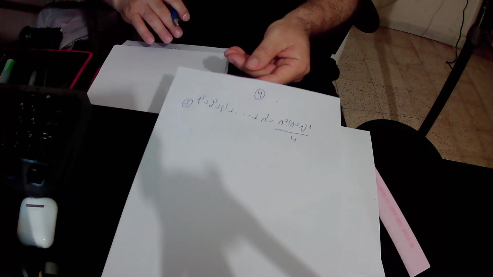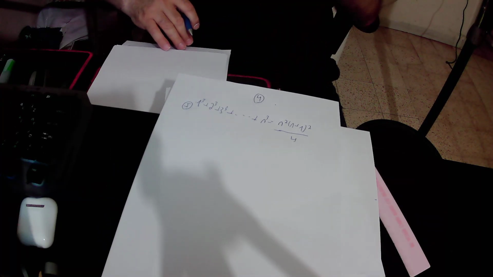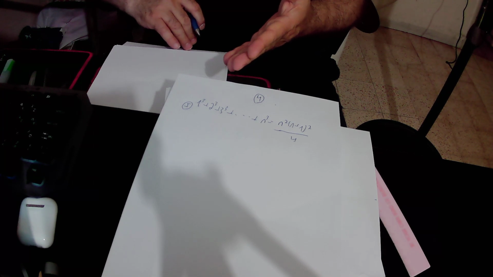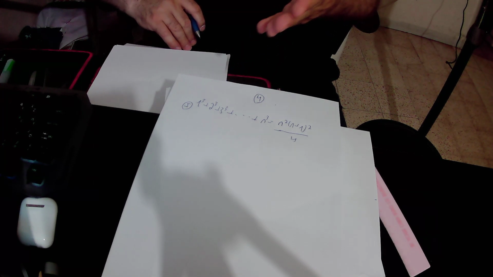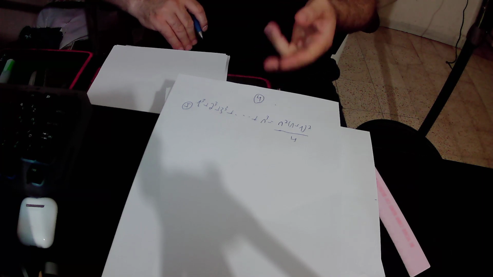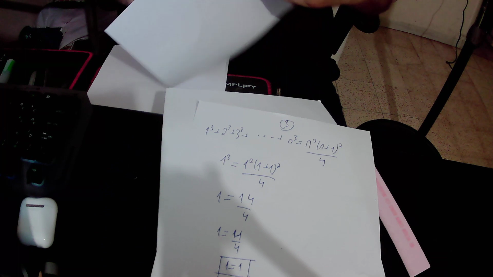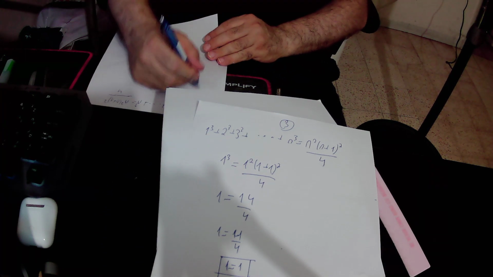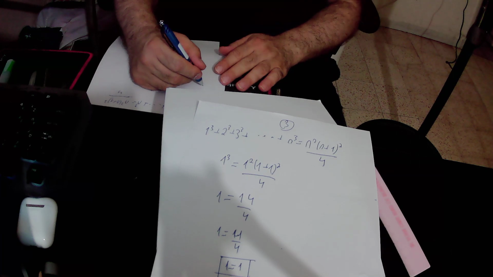So this will be the induction hypothesis, or induction assumption, that the statement is true for n, and we will rely on this assumption in order to prove that this statement is true for n plus 1.